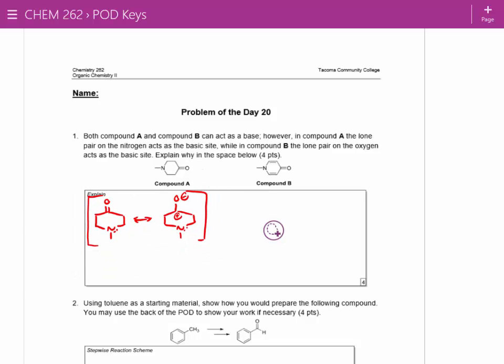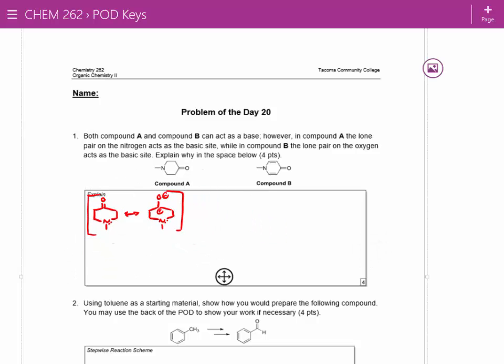All right, now let's compare this to compound B, which is slightly different. If we look at compound B, we can draw this same resonance structure, where this oxygen has a negative charge. Whoop, I forgot my double bonds.